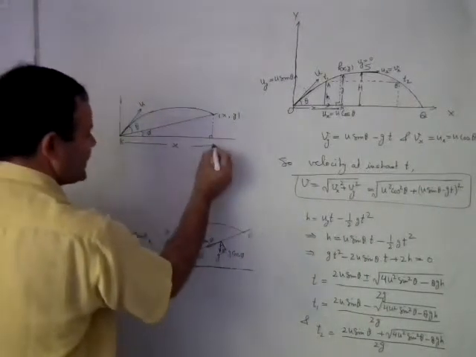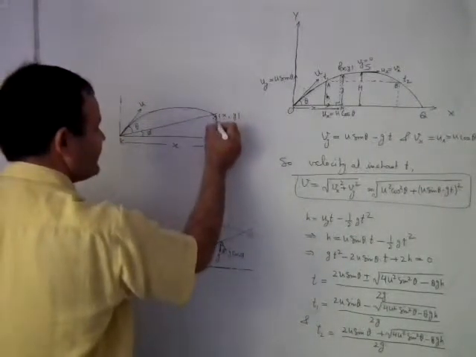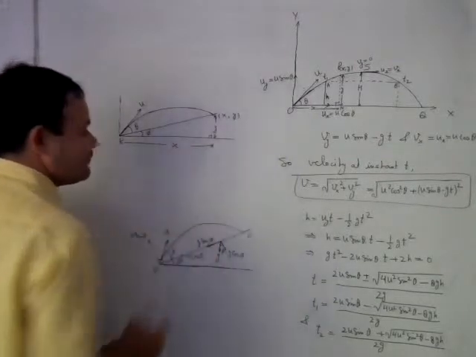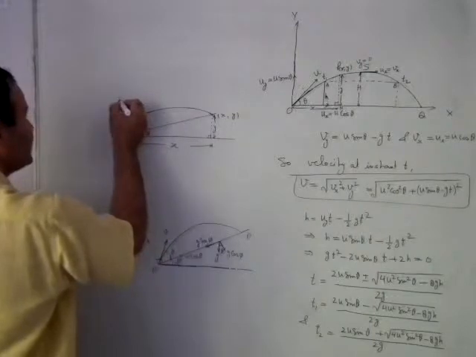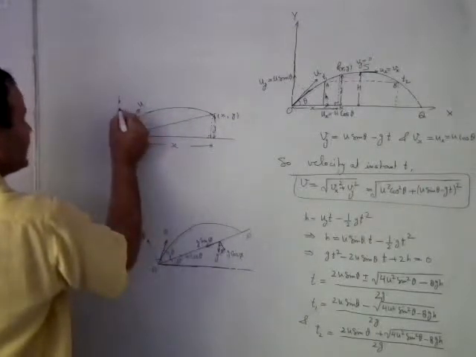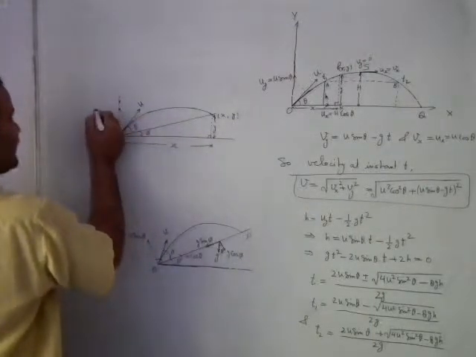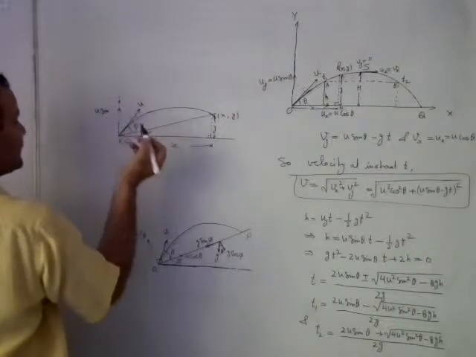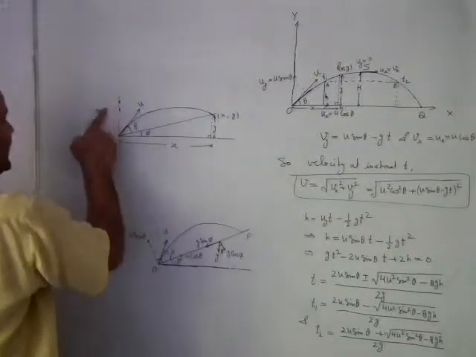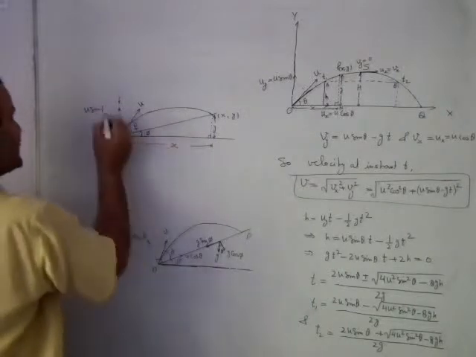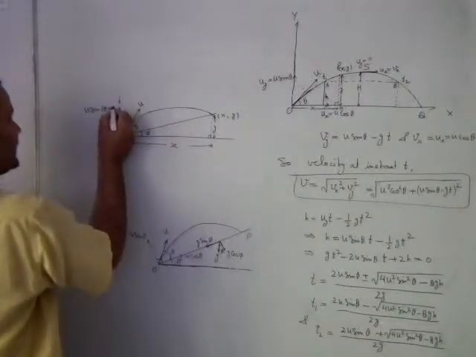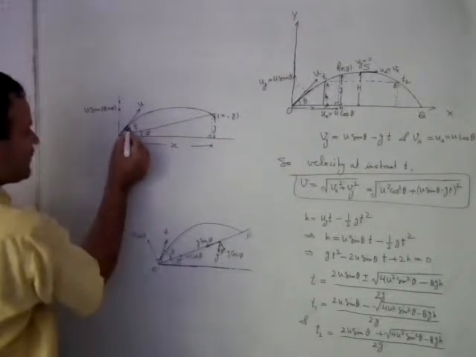X will be this horizontal distance, while y will be this vertical distance. Now the vertical motion will be a retarded motion with retardation g, and here this whole angle will be theta plus phi.